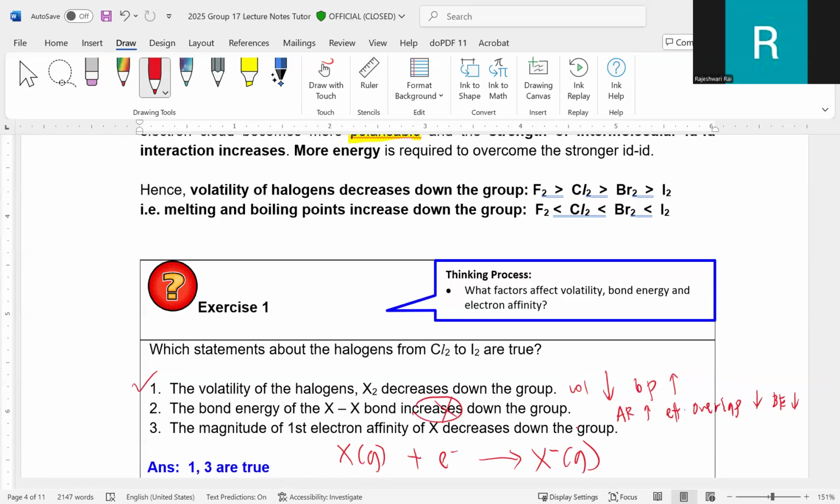Because the atomic radius will increase from fluorine to iodine, the attraction of an incoming electron to the nucleus will change from fluorine to iodine. So because the iodine's nucleus is much further from the incoming electron, it will actually release less energy in this attraction compared to fluorine, where the nucleus of fluorine will attract the incoming electron more readily. So statement 3 will also be true.